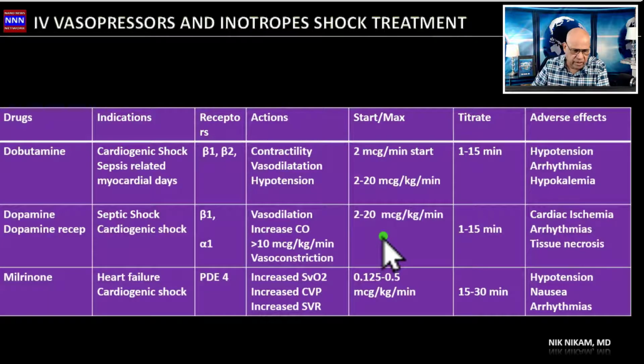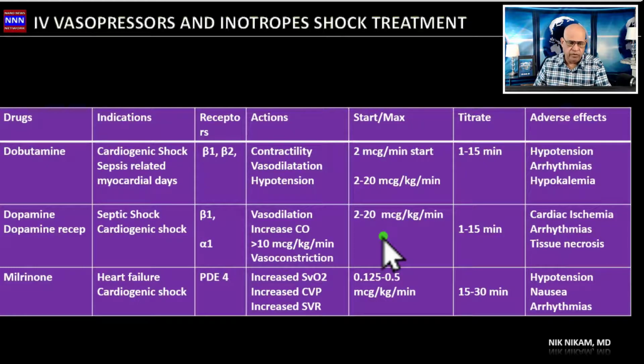Now let's look at a third group of drugs that improve the cardiac function. So they are predominantly used in patients with cardiogenic shock, along with some of the other agents I already talked about if you want to get some vasoconstriction on top of that.